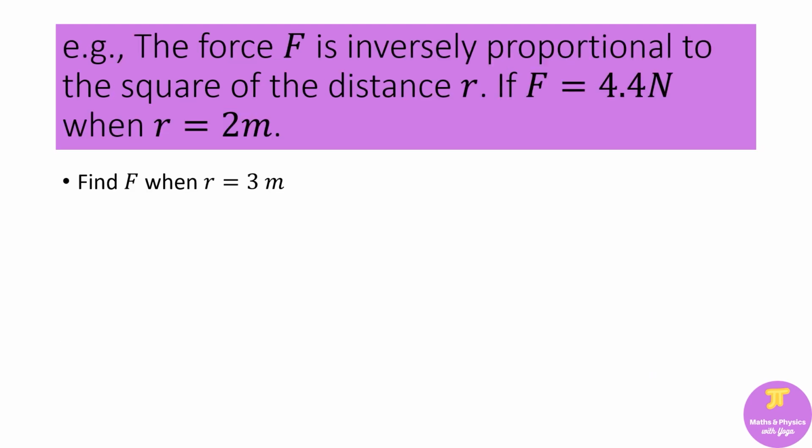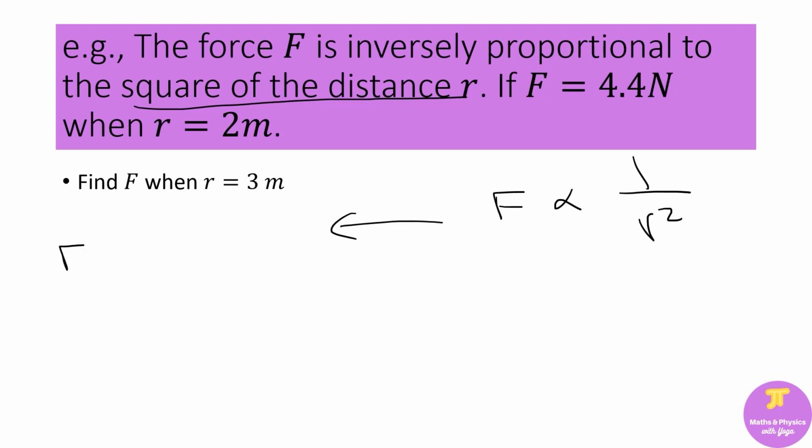So let's look at an example. The force F is inversely proportional to the square of the distance r. So we can convert this into an equation like F equal k times 1 over r squared. When F is 4.4 Newtons, r is 2.